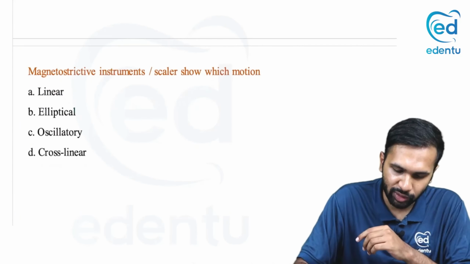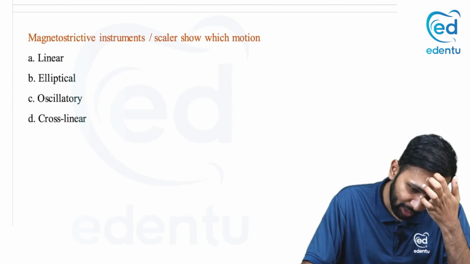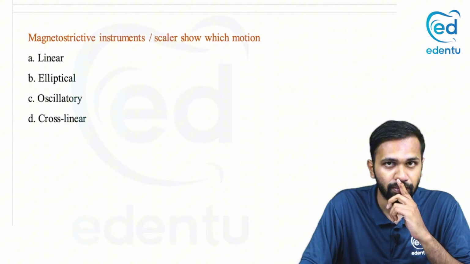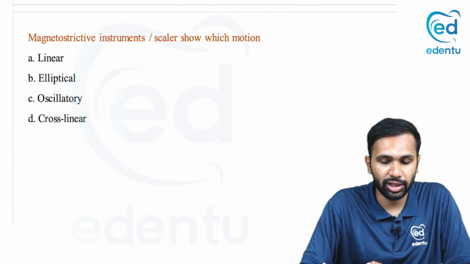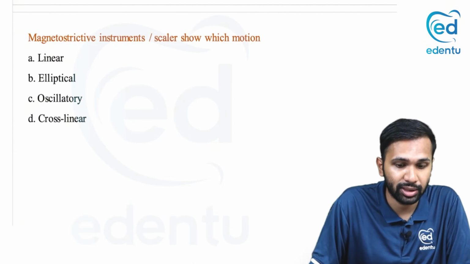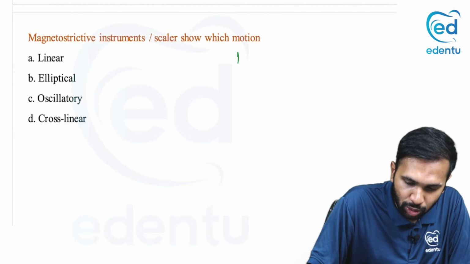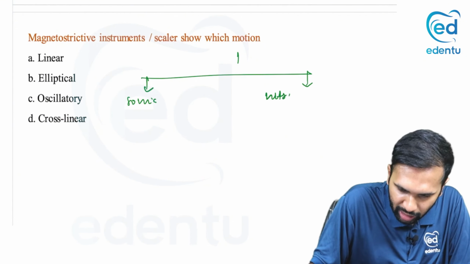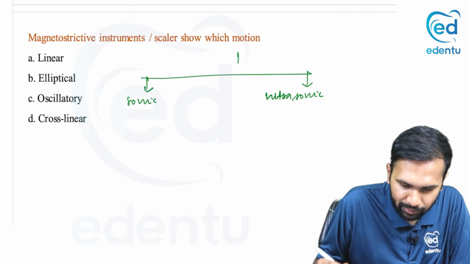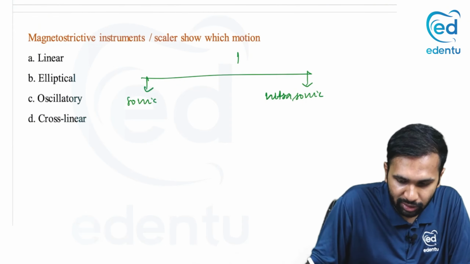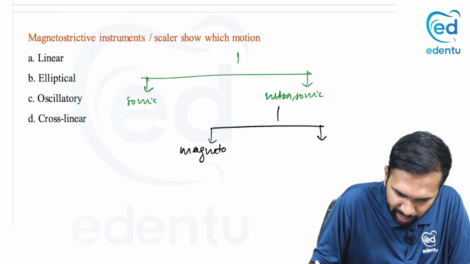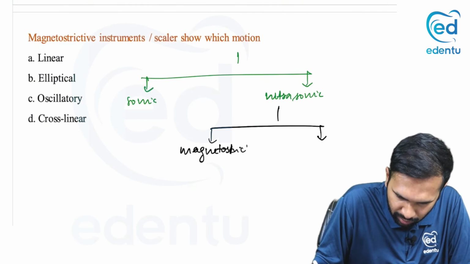Next question that we have to discuss is: magnetostrictive instruments or scalers show which motion? This question has been taken from your power driven instruments. We have read power driven instruments can be classified into sonic and ultrasonic scalers. Ultrasonic scalers are further divided into magnetostrictive and piezoelectric.